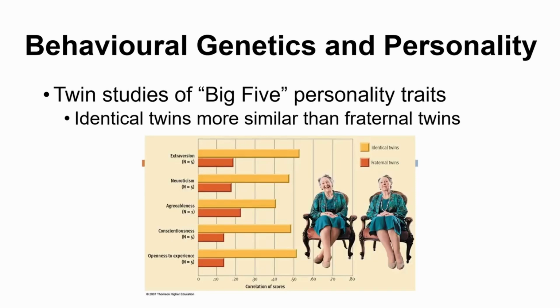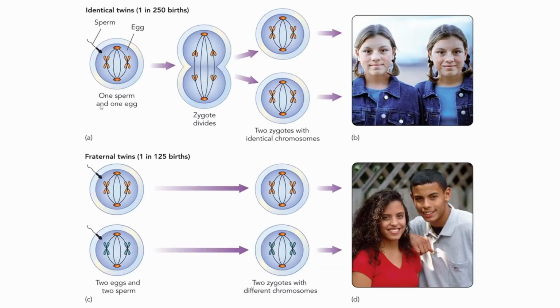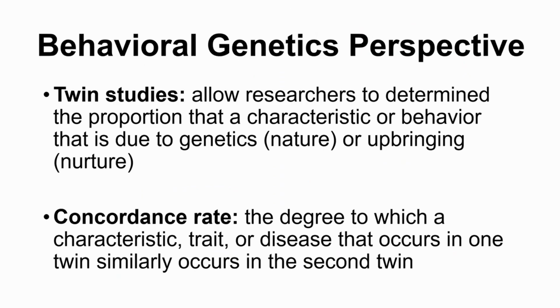Now, here's where we get into some of that. Remember this discussion from intelligence, when we remembered our twin studies. These were those studies looking at our different types of twins, identical versus fraternal, where they share differing amounts of their DNA. Well, our twin studies allow us to look at the fact that there might be more or less similarity between individuals based on how many genes they share.